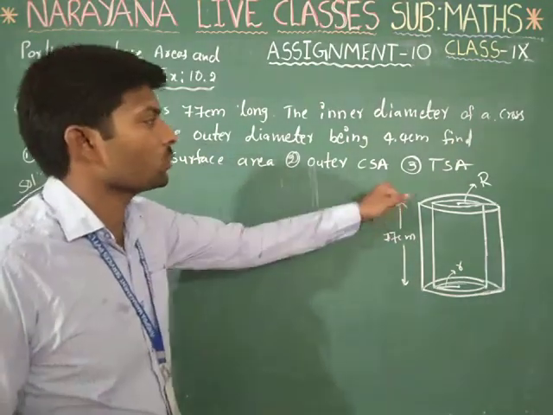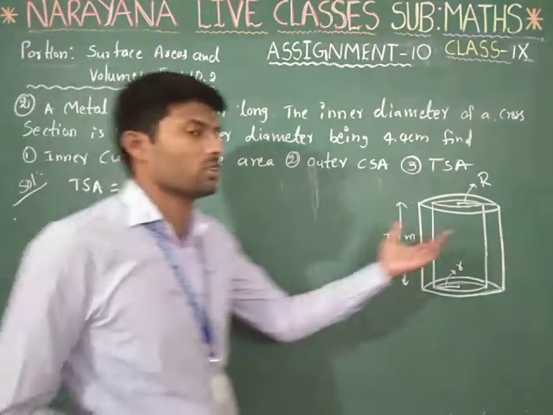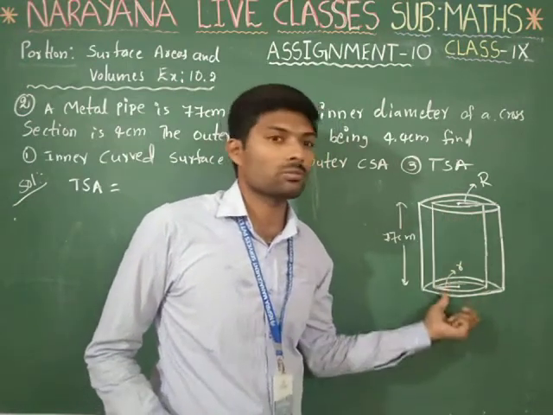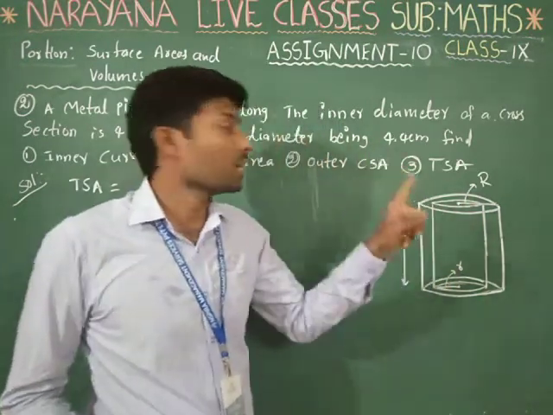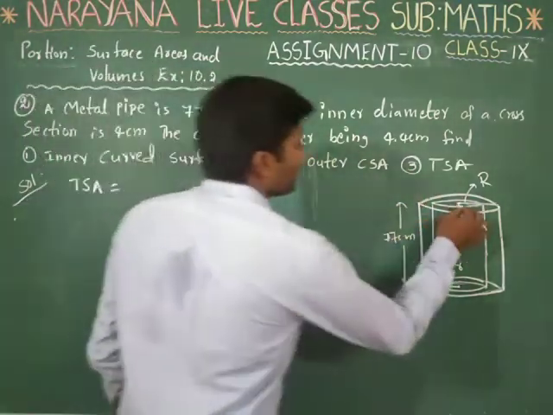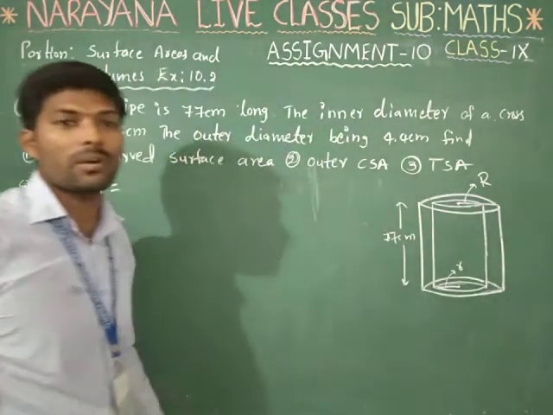Next, we need to find the total surface area of a cylinder, the TSA. How are we going to find it? The top and bottom are in the form of a circle and will become a ring type. The difference between these two spaces is capital R minus small r.